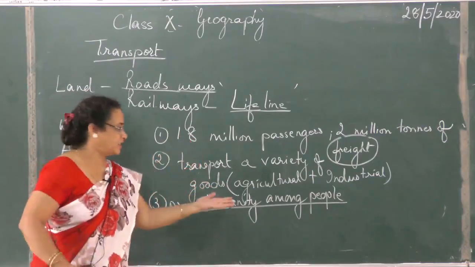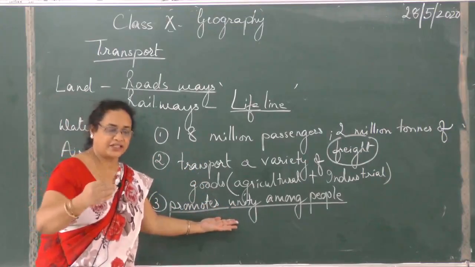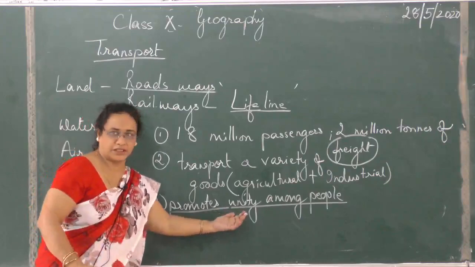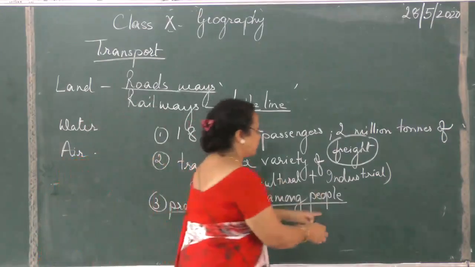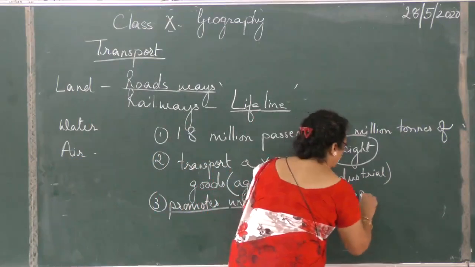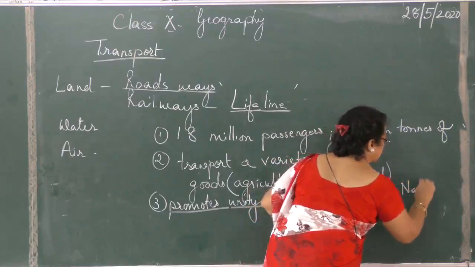All the varieties are brought together. When people interact, they understand each other and there comes unity between them. Okay? So to this point you will add the term promotes national integration.